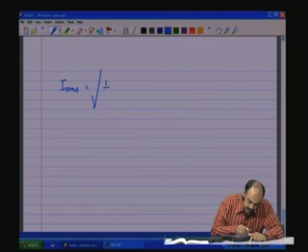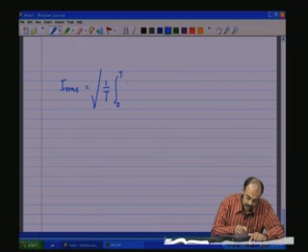So, which means 1 by T integral of 0 to T Im sin omega t square dt.